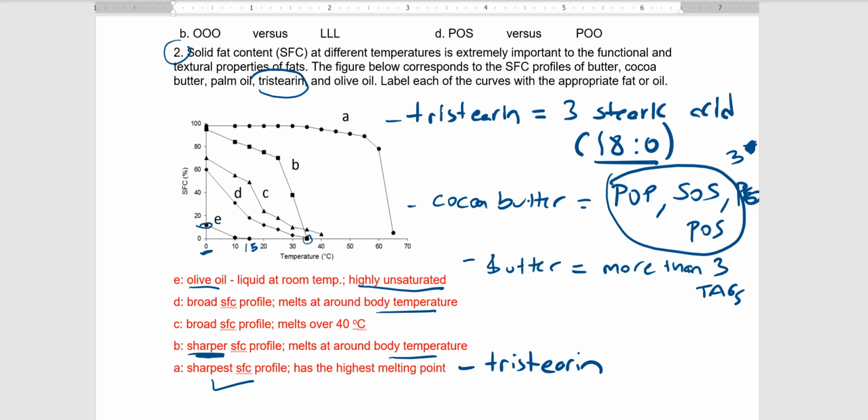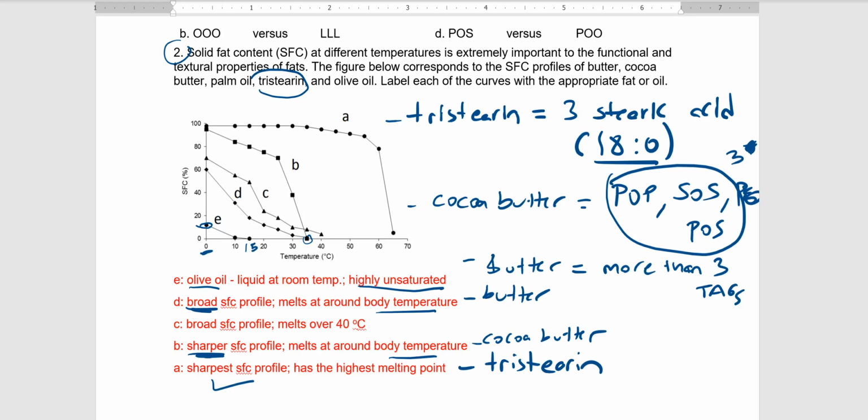So B must be cocoa butter, because it has 3 major triacylglycerols. Then D will be butter, because it has more than three acylglycerols, so it will have a broad profile, because every acylglycerol has a different melting point.